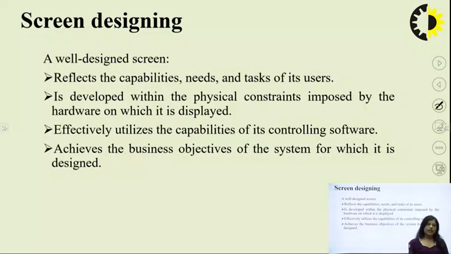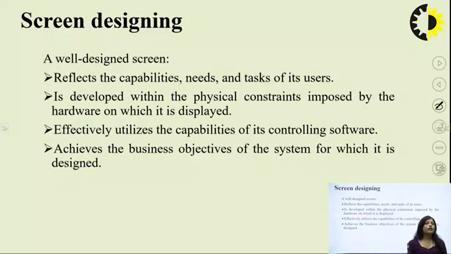Next, a well-designed screen is developed within the physical constraints imposed by the hardware on which it is displayed. When you are designing a website, the system is like a desktop or mobile device. The monitor is a hardware device on which our screen is shown.